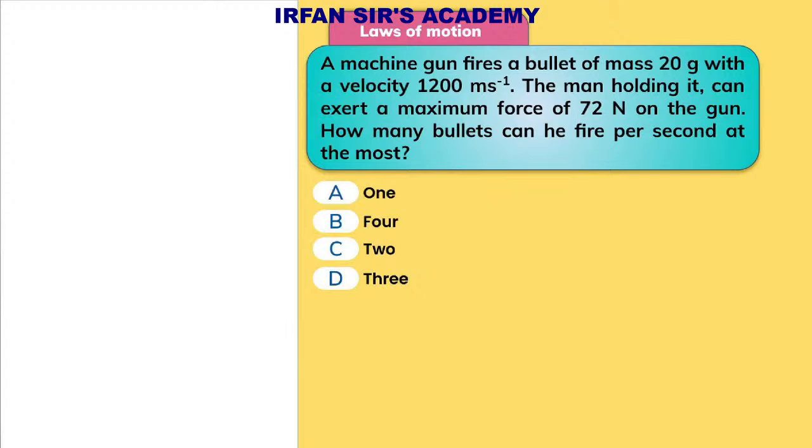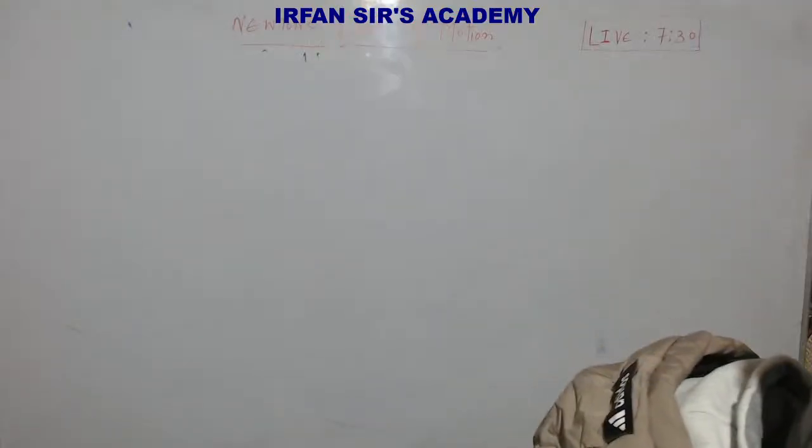Rizwan, 3. Hafid, 3. Khan Farzana, 3. Most of you are giving answer 3. It means the answer should be 3. We'll see what will be the answer.